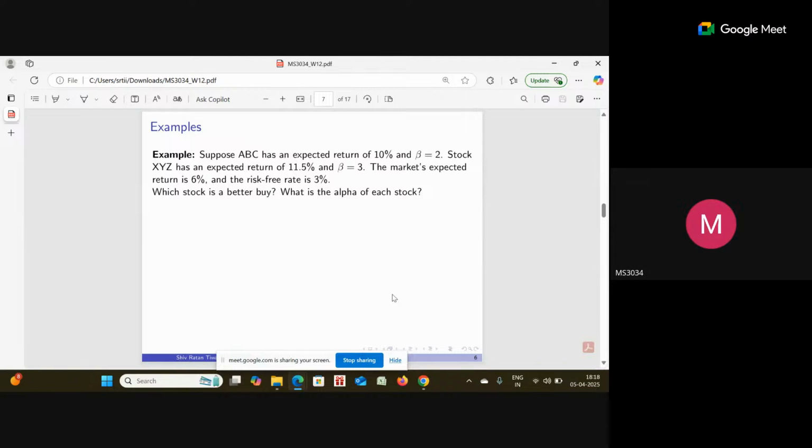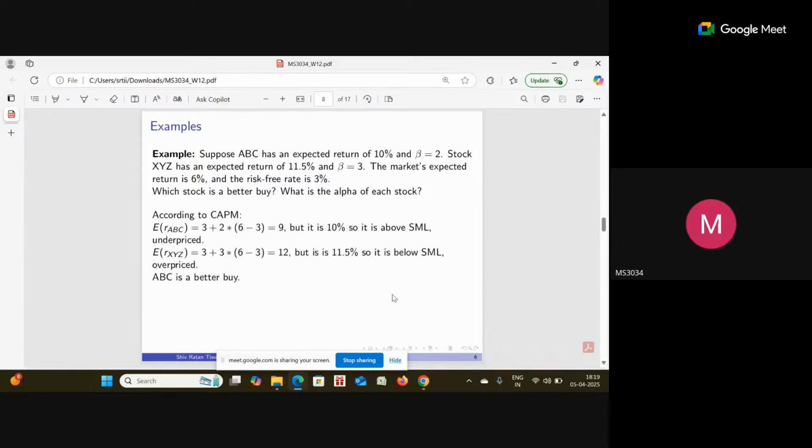First thing, we should evaluate what is the expected rate of return for ABC and XYZ according to CAPM. If the expected return which they have noted down is higher than what we are predicting from CAPM, then yes, it is worth investing. Otherwise, it is not worth investing. So according to CAPM, for ABC, what is the expected rate of return?